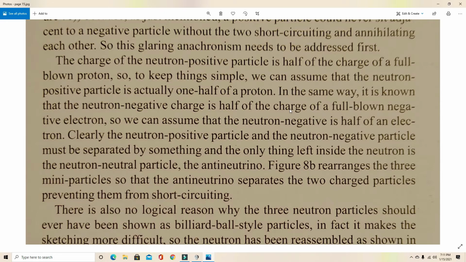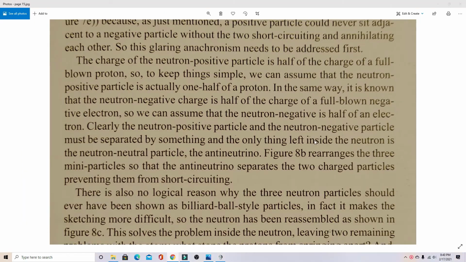Clearly, the neutron positive particle and the neutron negative particle must be separated by something, and the only thing left inside the neutron is the neutron neutral particle, the antineutrino. All right, so you see, he said figure 8B rearranges the three mini particles so that the antineutrino separates the two charged particles, preventing them from short circuiting.